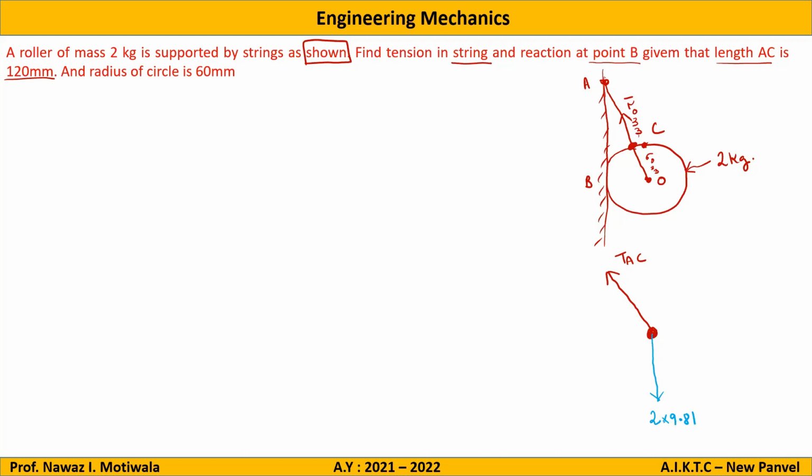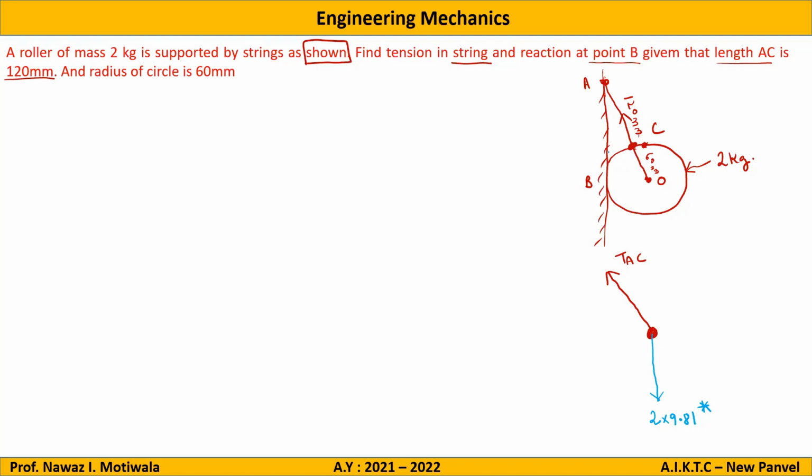Weight is always in newtons, that's why we need to multiply it by 9.81. If you forget this, your whole sum is gone; a simple 5 mark sum becomes 0.